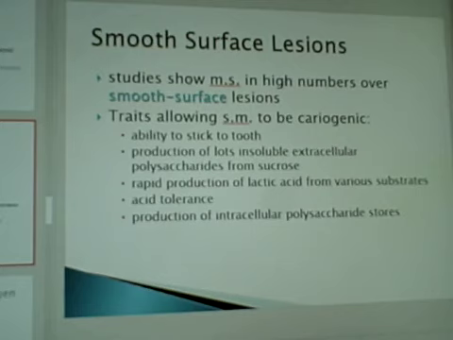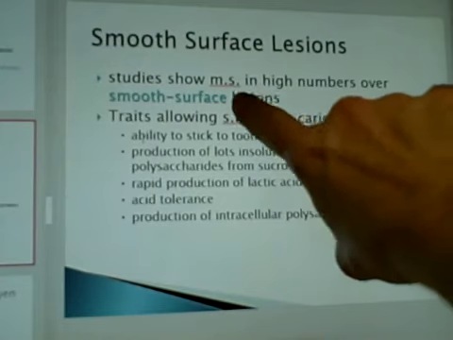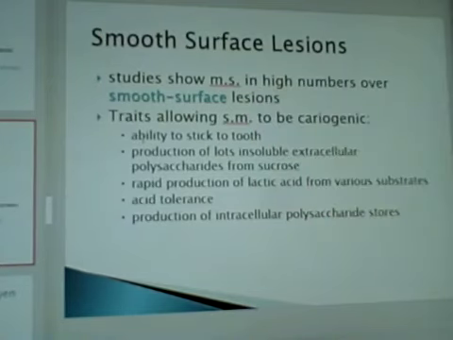Studies show that there are high numbers of bacteria in the smooth surface lesions, and their ability to stick to the tooth, their ability to produce polysaccharides to stick to the tooth, and their rapid production of acid is a reason why these bacteria, these strep mutans, are found in high numbers.